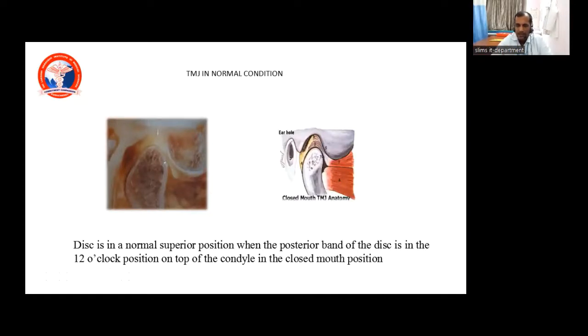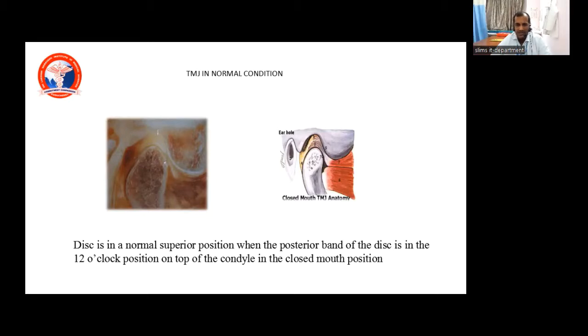Before analyzing the abnormality, that is, when you want to elicit the problem in the temporomandibular joint, the basic clinical symptom may vary from a mild pain or tenderness in the temporomandibular region to abnormal joint sounds.